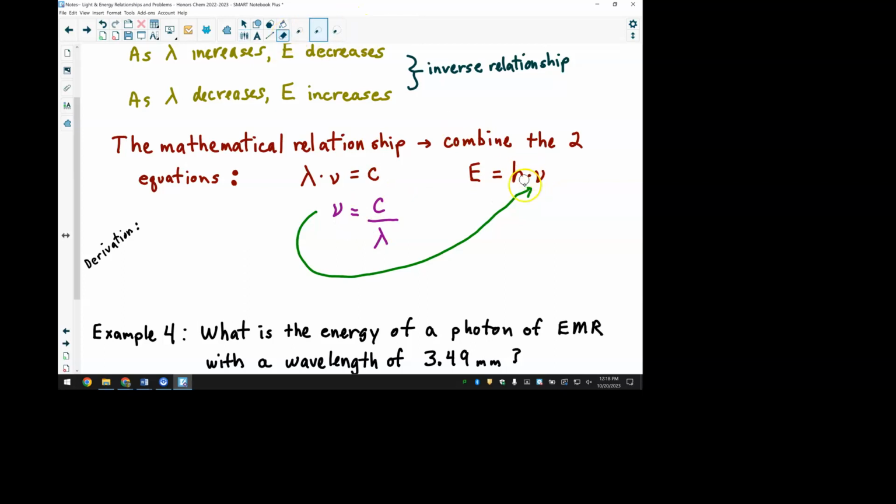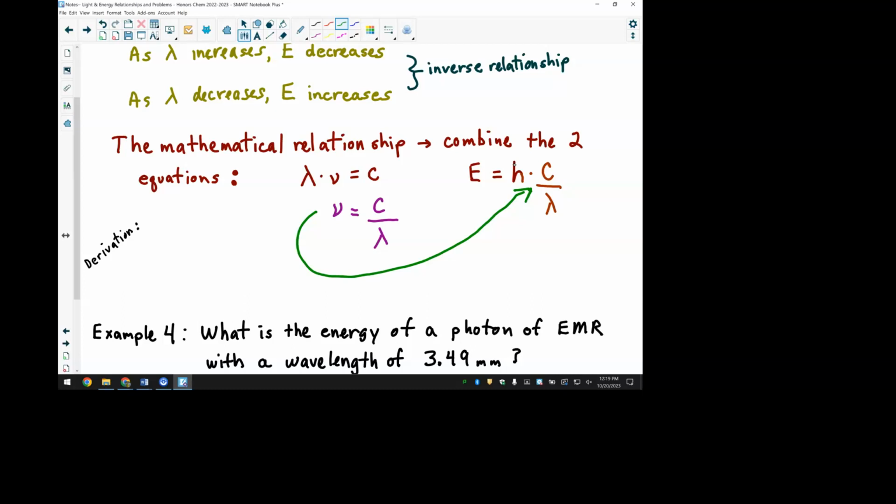In this case I'm going to have to erase this, and then write c over lambda over there. Normally I just select that and drag it over so you can see. Doesn't that make sense? Wherever I see nu, I can replace it with c over lambda.